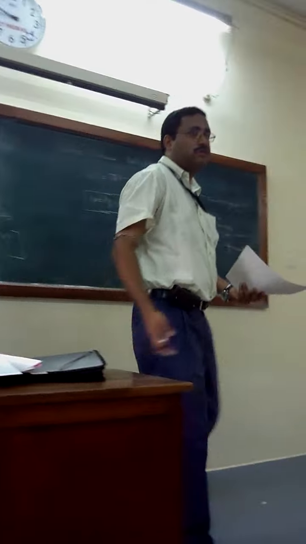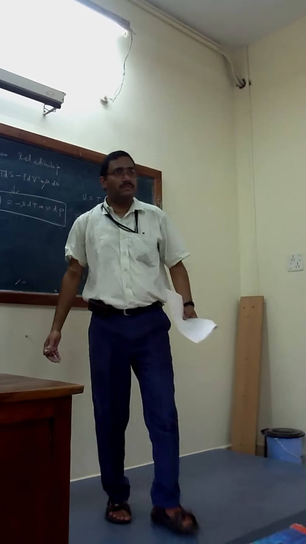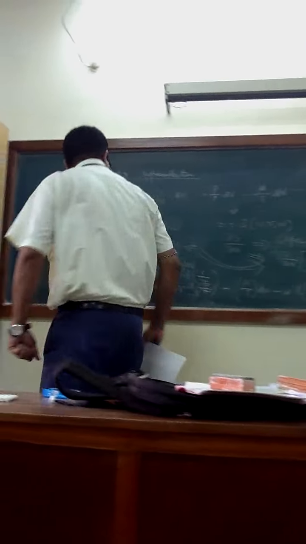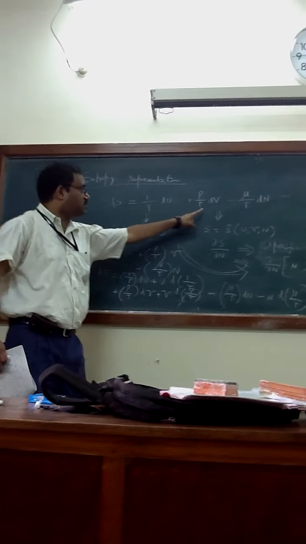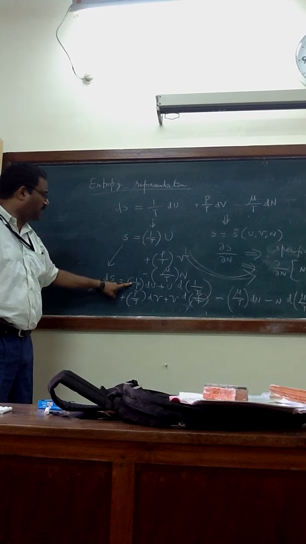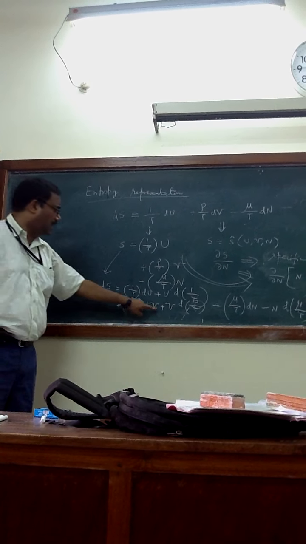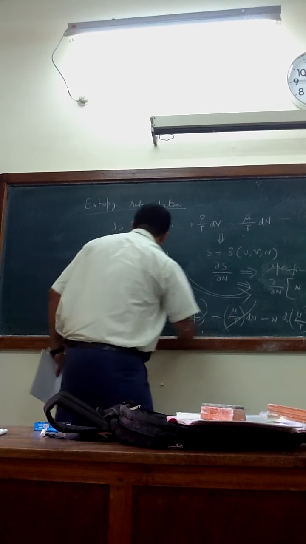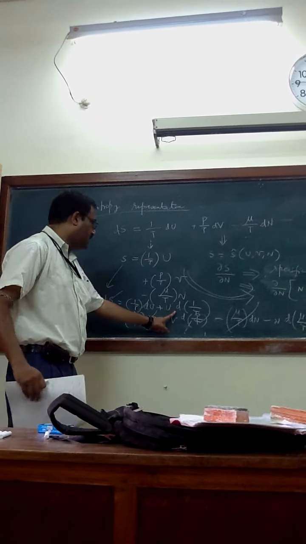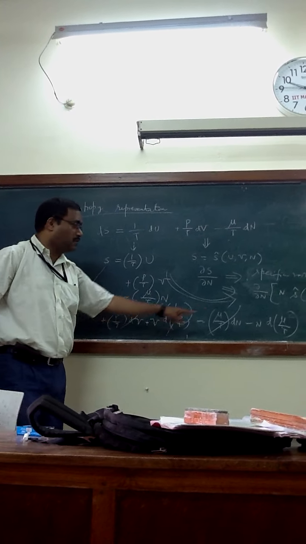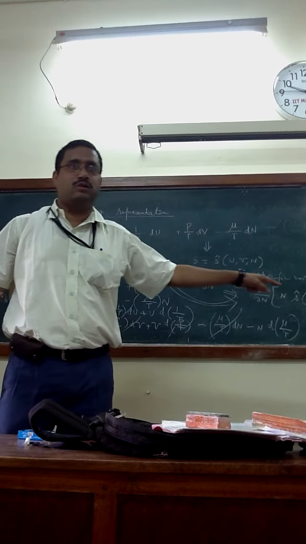So straightforward. You are taking so much time. I don't know what level of mathematics you are at. Now you can see these terms are already there, so those terms will go off: 1/T dU, P/T dV, and μ/T dN go with dS. You can see that U d(1/T) plus V d(P/T) minus N d(μ/T) equals 0.